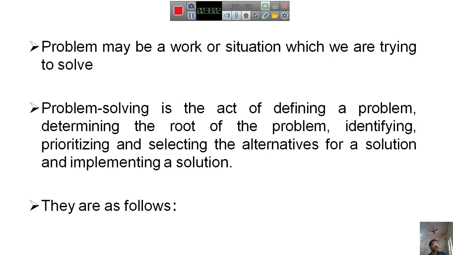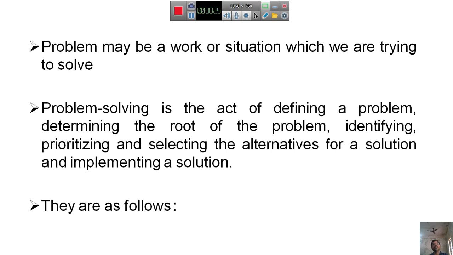There are five steps: defining the problem and analyzing the problem, next deciding on a solution, implementing the solution and reviewing the result.